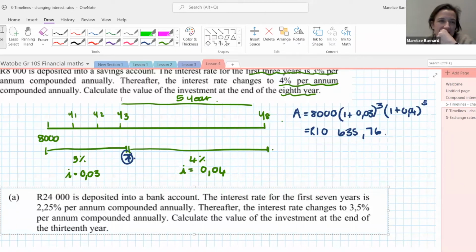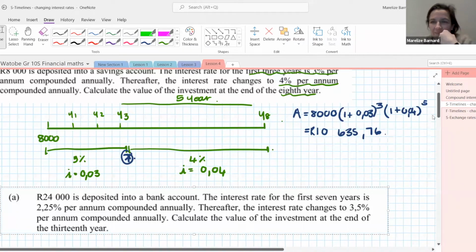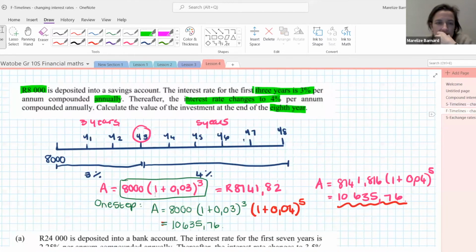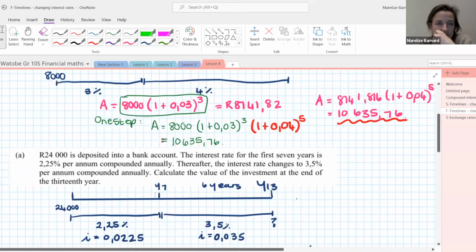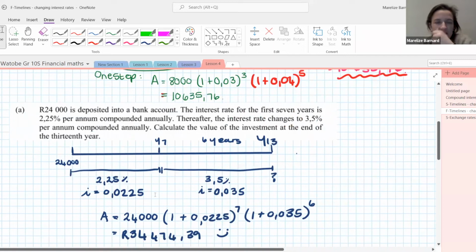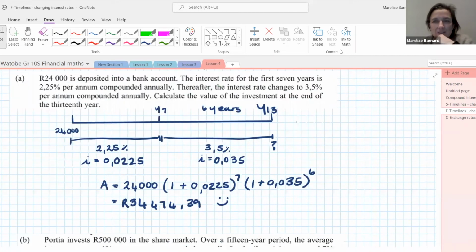Okay, great. Let's check. So we've got our 24,000 Rand that is being put into the bank and invested. It is invested for the first 7 years at 2.25%, and then for the next 6 years, so up to 13 years, it's another 6 years, and then the interest rate changes.